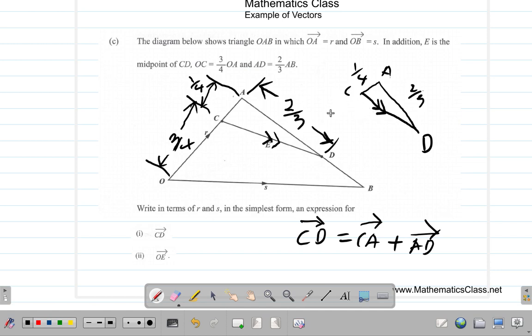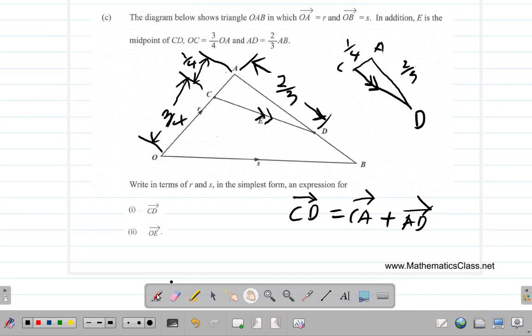Now remember, the question asks you to write in terms of R and S. That means you must have CD equals, then you have R, S, and numbers. No other letters should be there. No C, no A, no D. So, what do we do here? Look at this.